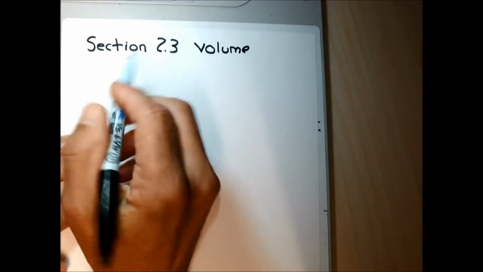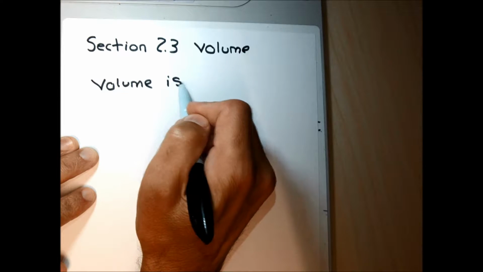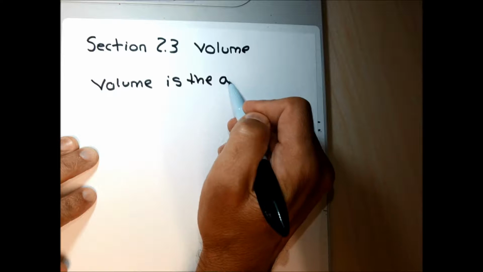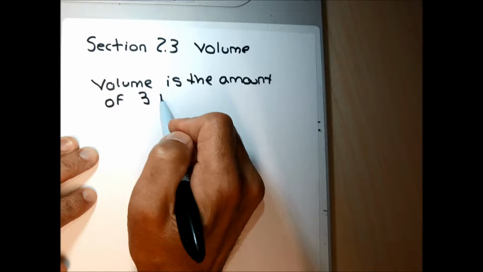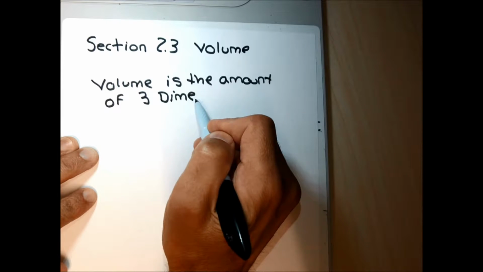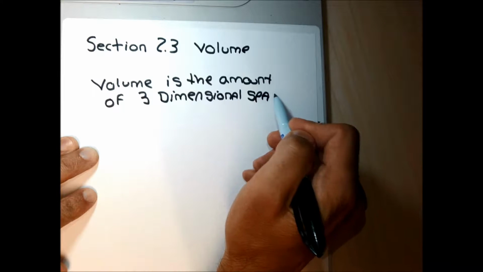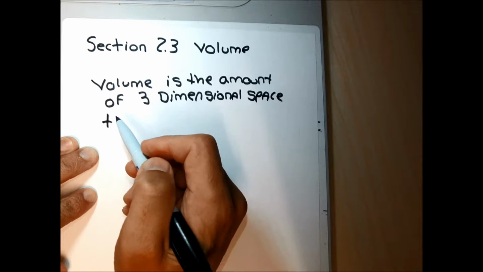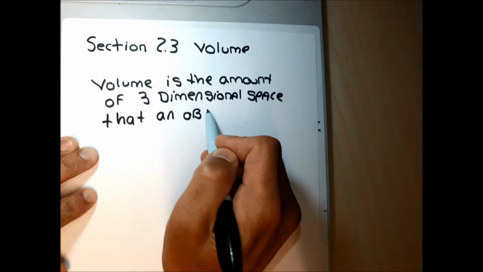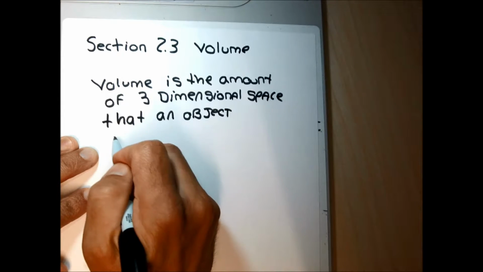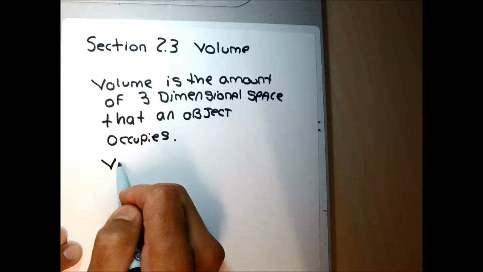I guess if I made a definition for volume, I'd say volume is the amount of three-dimensional space that an object occupies, I guess. And volume is measured in cubic units.